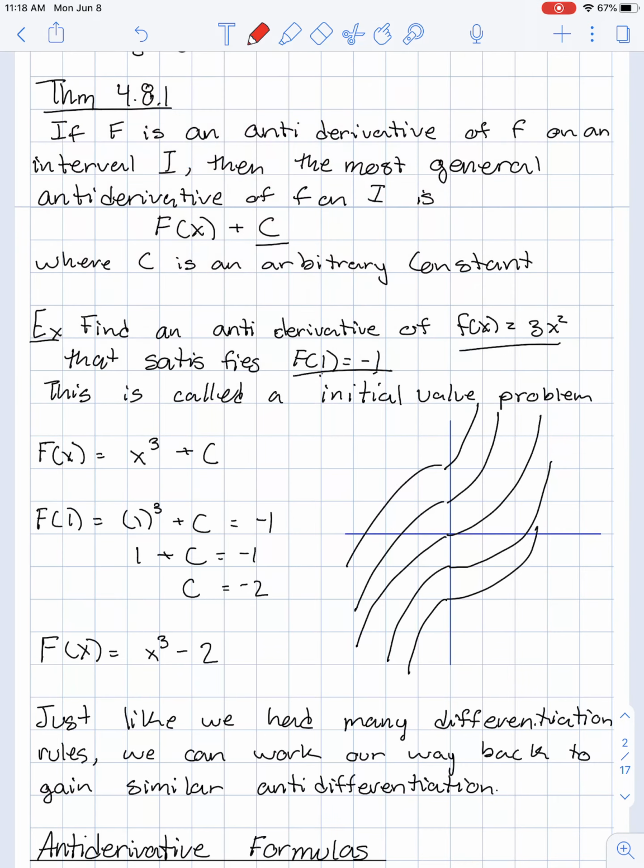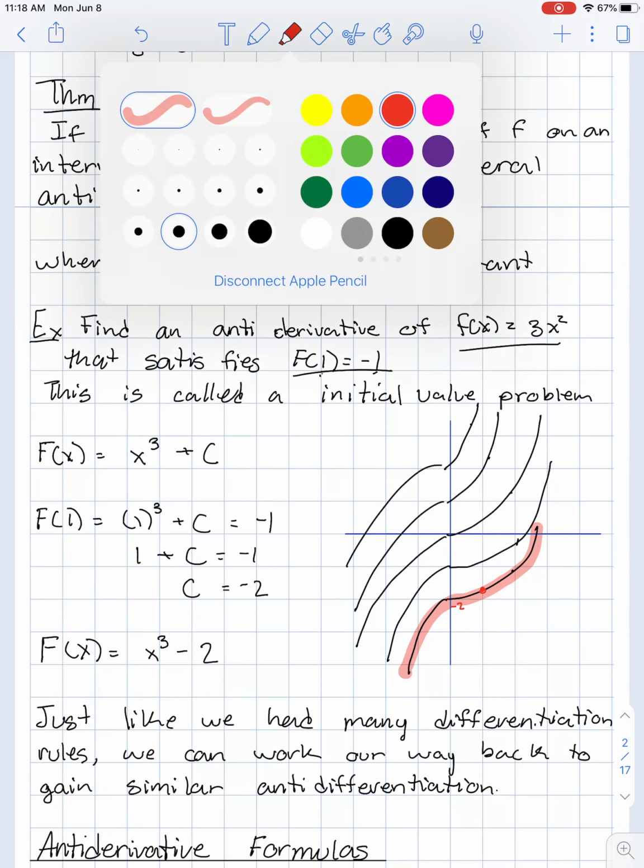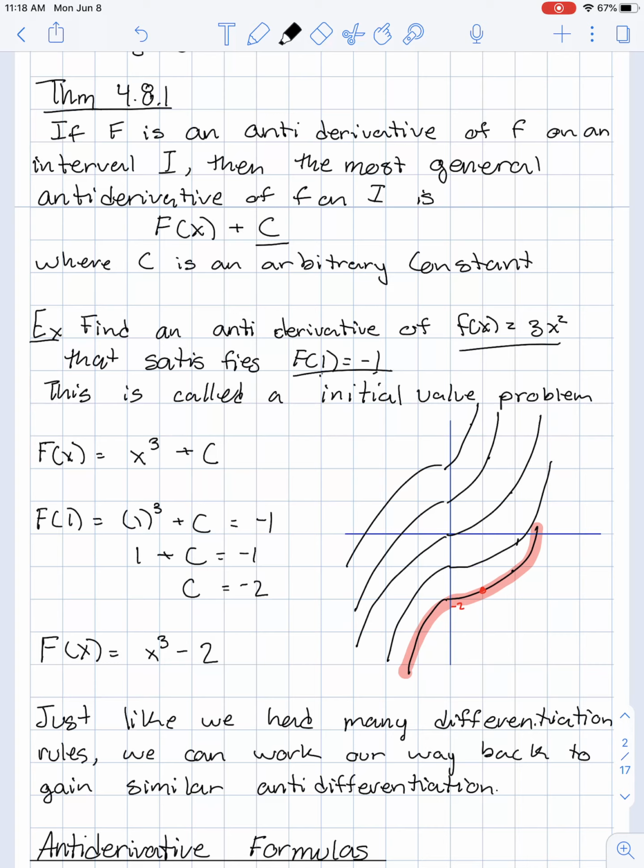But we want the one that intersects 1, negative 1, which we're going to make that one. So out of all these different functions, we wanted this last one in particular. I know it's a really bad drawing. Bear with me.